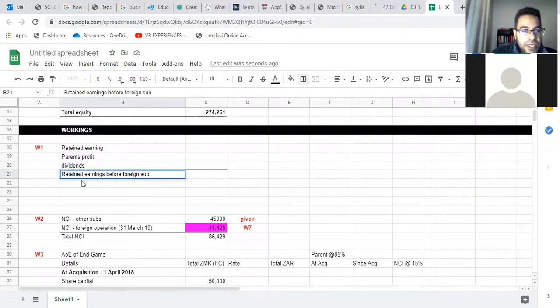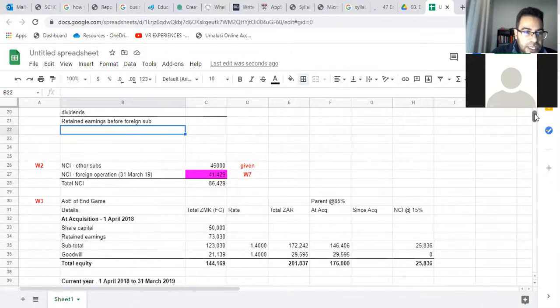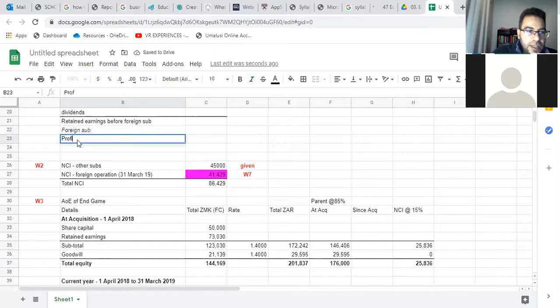Now we must bring in the foreign sub. So the foreign sub, we just take in profit less dividends. Okay, so here for the foreign sub, it's going to be the profit, and it's going to be less the dividends.